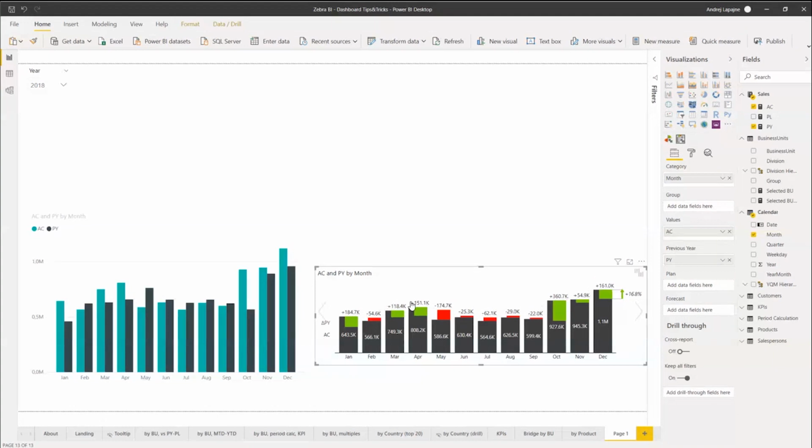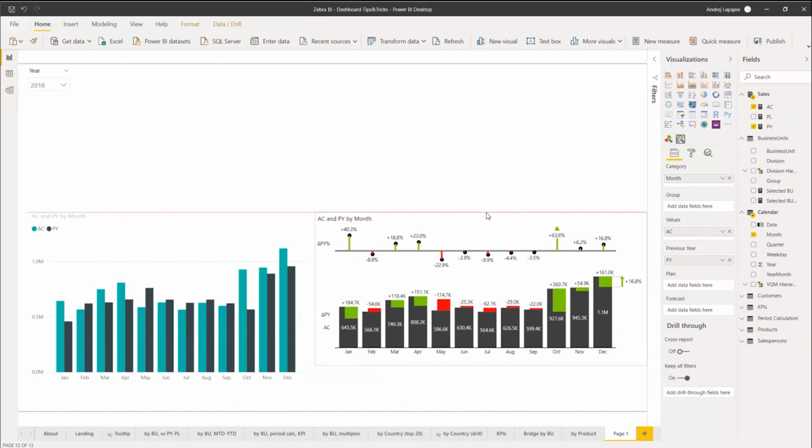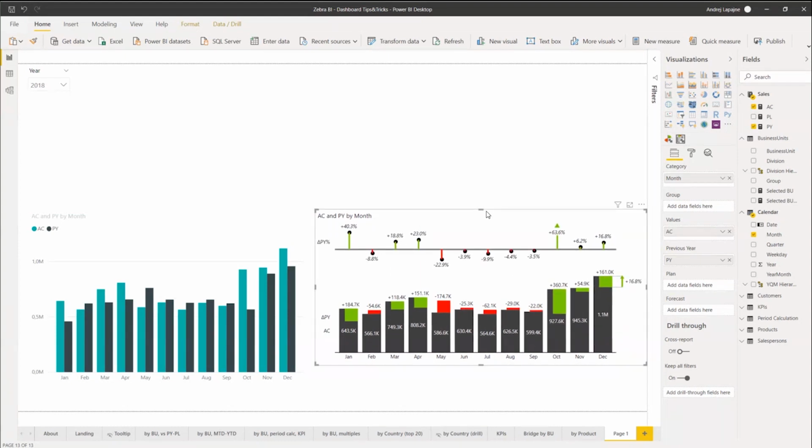But if you do have space, then you will not just get a bigger chart like in native Power BI visuals, but if there's enough space, the visual will present more information, right? So now that I have the space, the visual has calculated relative variances for all the months, and it has displayed them with this so-called pin chart, or a lollipop chart, as we call it, right?